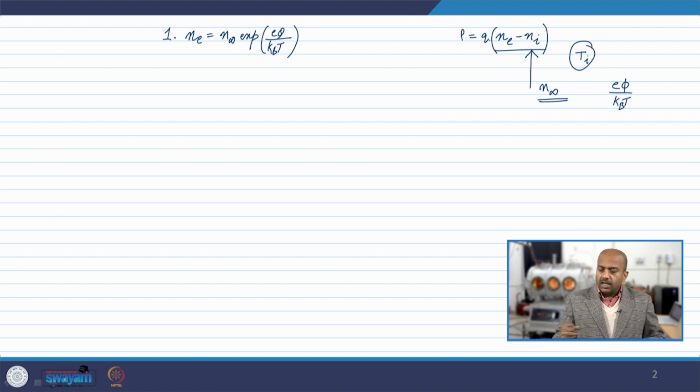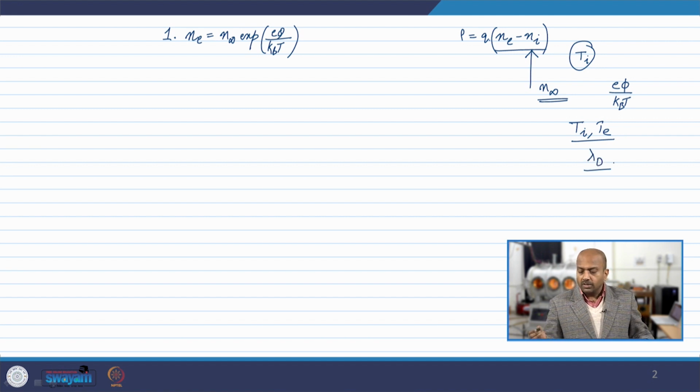Now, we will take a situation in which the number of electrons and the ions, both of them are distributed according to their respective temperatures, let us say Ti and Te, and then we will try to find out the expression for lambda d and how this expression of lambda d will be a function of the temperature of both the species Te and Ti.